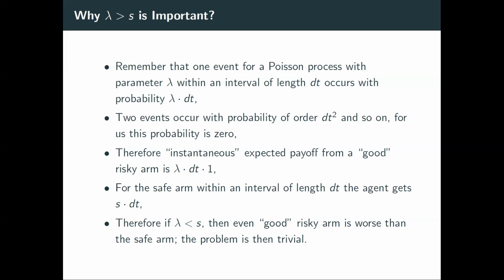We do not want it to be that trivial. Therefore, we assume that lambda is higher than S, which is intuitively clear because lambda is the density of arrivals of these lump sums. The higher is lambda, the more frequent are these arrivals of one, and therefore the higher is your expected payoff from the good risky arm.